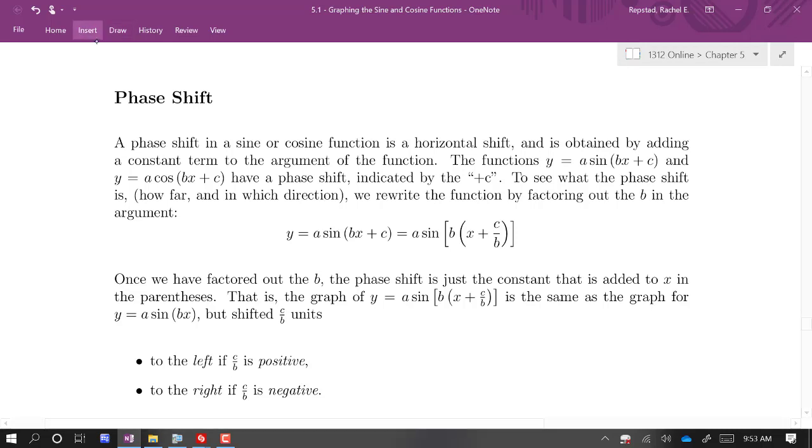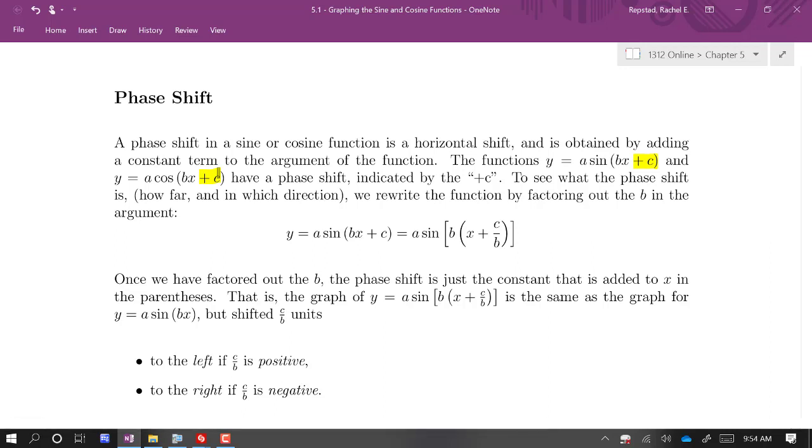We know there's a phase shift if we're adding a constant term inside the sine function. So it's that plus c at the end. So maybe I might be multiplying x by something other than 1, like maybe I could be adjusting its period or not. But when I see that plus some constant or minus a constant, I know there's a phase shift.